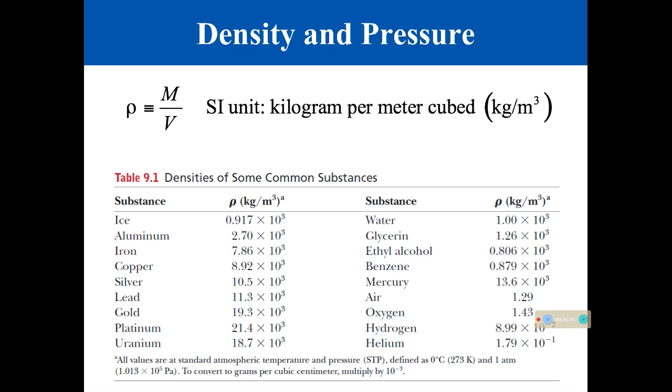What does it mean that water has 1,000 kilograms per meter cubed? Visualize this. In that cubic meter, there's 1,000 kilograms. If this is full of water, and it takes up a cubic meter, then it will have 1,000 kilograms.